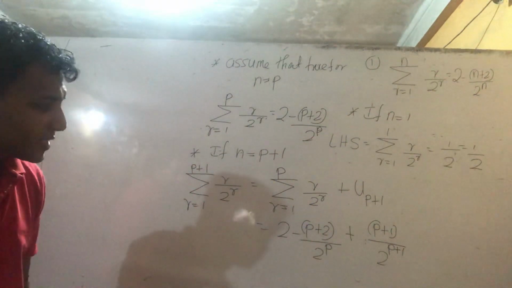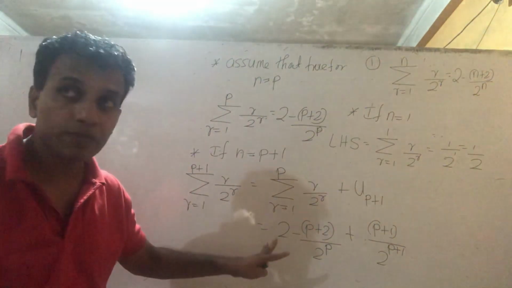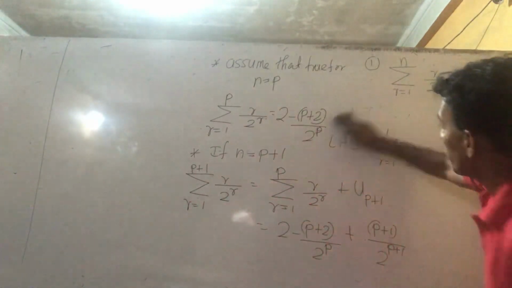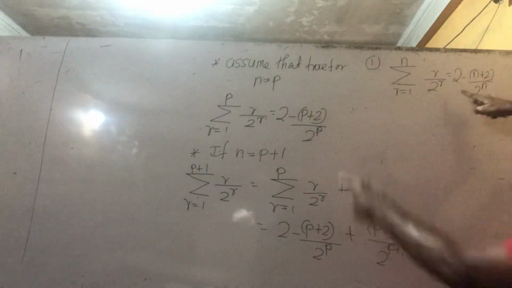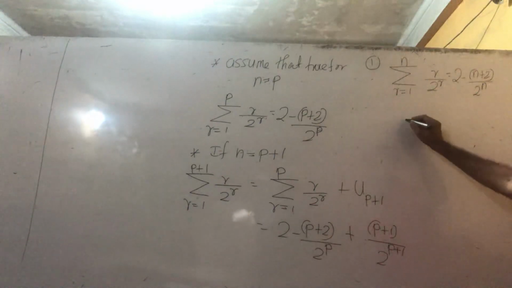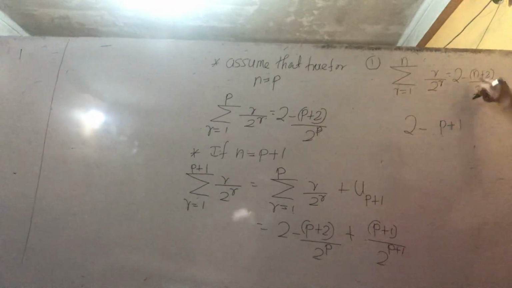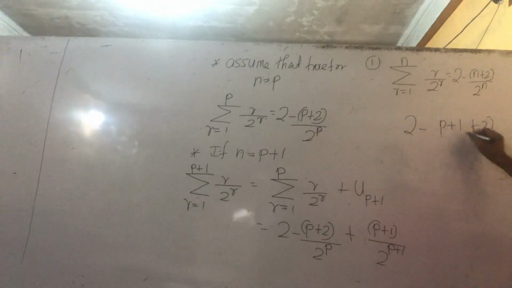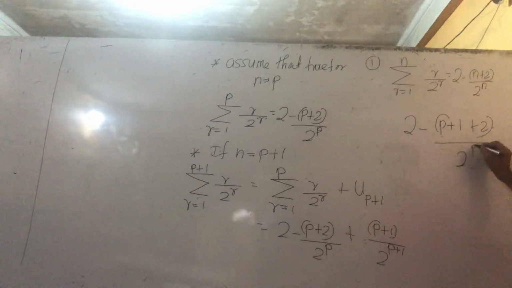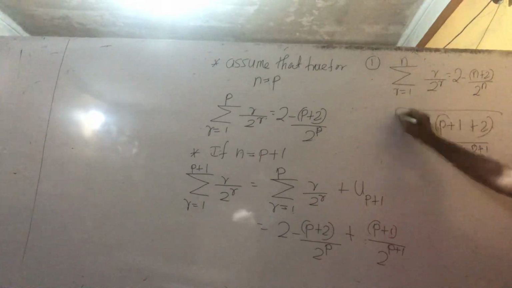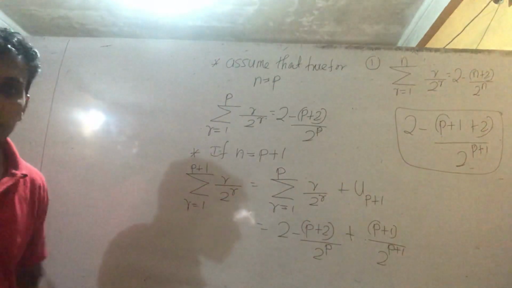So what is the answer to be? If you simplify this, you can check before completing: 2 minus (n for p plus 1, plus 2), that is p plus 3 over 2 to the power p plus 1. This is the method; this is the answer you will show if you simplify. So do the rest.